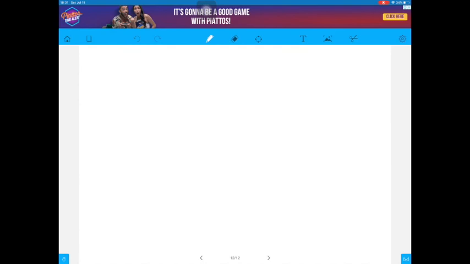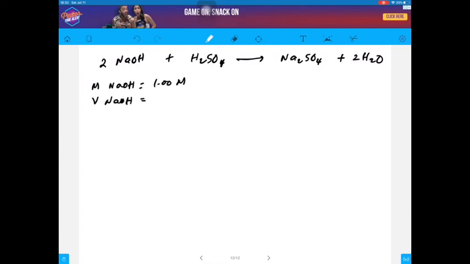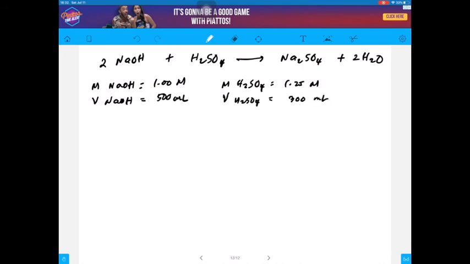So what if we have another reaction and the ratio is not the same? Suppose we have this one. The molarity of sodium hydroxide is given, and also the molarity of hydrochloric acid, and also the molarity of sulfuric acid. How can we determine the concentration of the product?